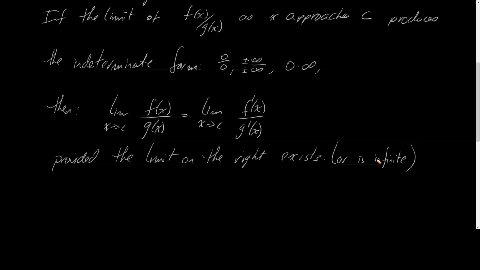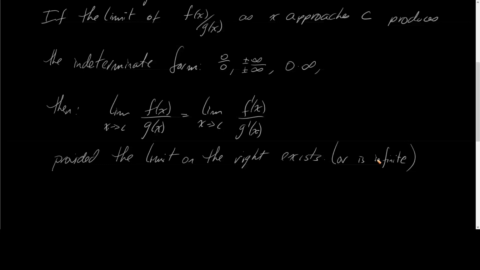So what are we really saying here? If we're comparing two functions through division, and we're trying to figure out what their limit is, and we ended up with an indeterminate form, well, we can take the derivatives. Essentially we can look at the rates at which the functions are growing to figure out which one may be growing faster.